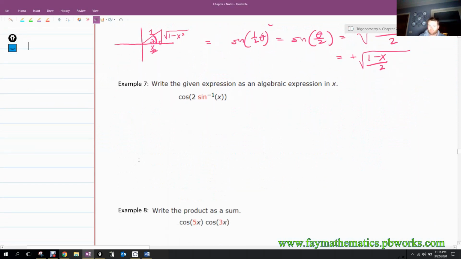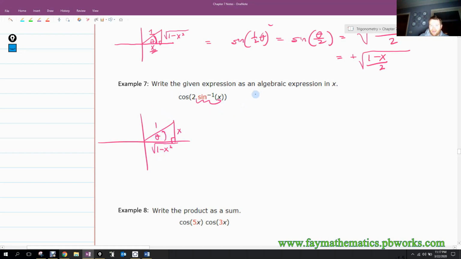This next one. So again, sine inverse of x is going to give me, so sine is that. Then this here would be the square root of 1 minus x squared underneath the radical, and that gives us theta.